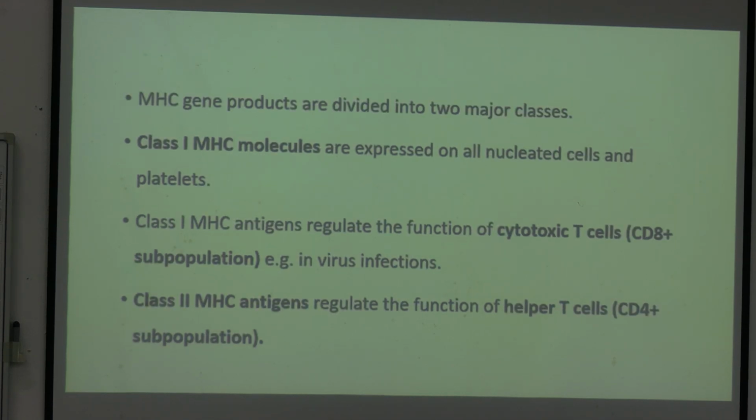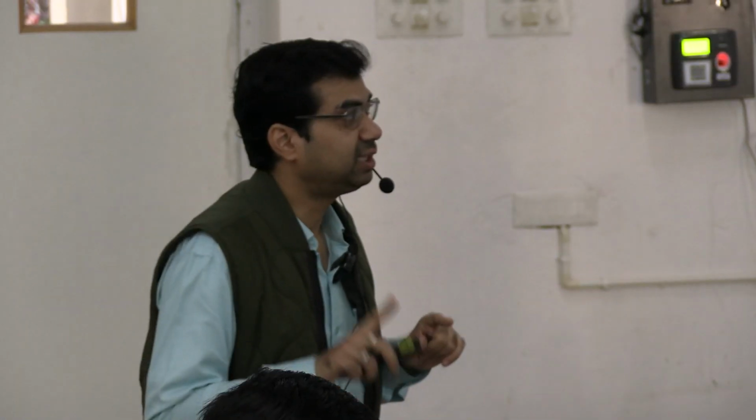There are two types of MHC: MHC class 1 molecule and MHC class 2 molecule. Cytotoxic T lymphocyte, CD8 plus T lymphocyte, is carried by MHC class 1 molecule. And MHC class 2 antigen is carried by helper T cell or CD4 plus T cell.